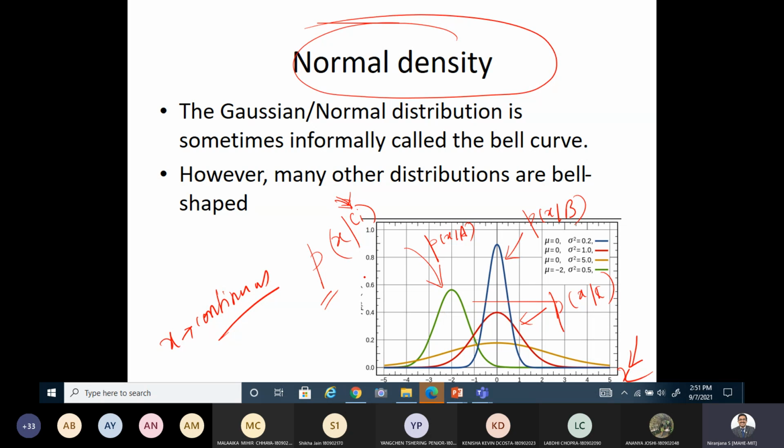Now you will be describing when the x value is continuous. There's a density function, the normal density function. When I talked about the binomial distribution or other distributions there, I represented it like this: variable x is a discrete one, given class Ci. So it is one of the notations taken here so that you can easily differentiate, right?